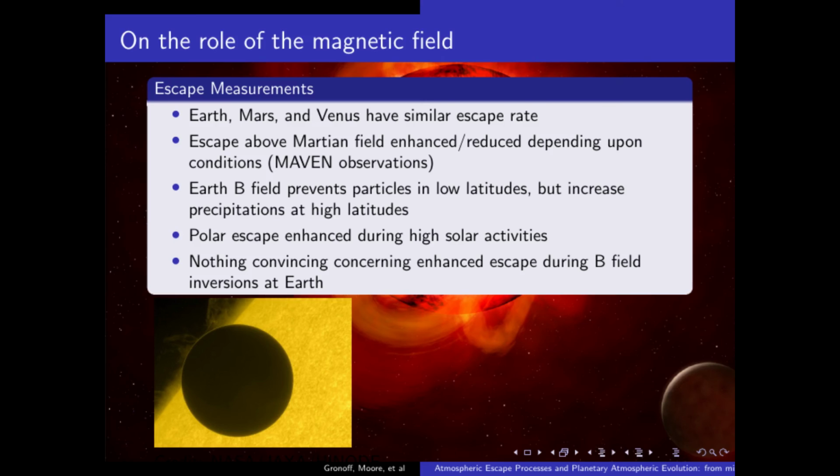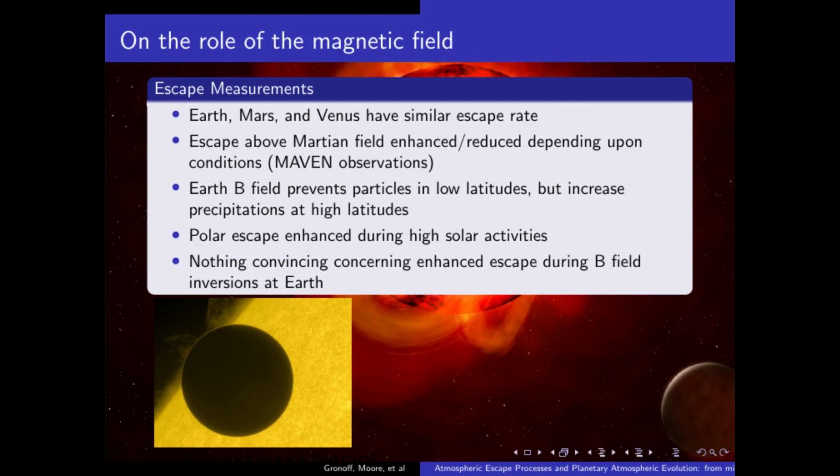And this is a less and less convincing observation. Some people have been thinking that if we look at the Earth when it had magnetic field inversions, and therefore a lower magnetic field, it should probably have had enhanced escape. But there is nothing that indicates that there was an enhanced escape at the time.